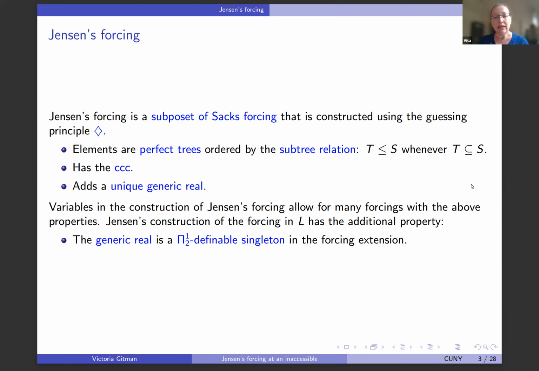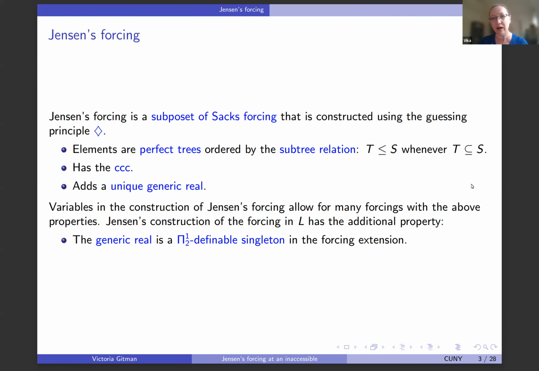Okay, and I think no one has ever tried to work with these forcings outside of L, but if you look carefully at the construction of the forcing, L isn't crucial here, diamond is. You lose something if you don't work in L, but it's not much. And also Jensen gives a particular construction. There are others, there are variables in the construction.